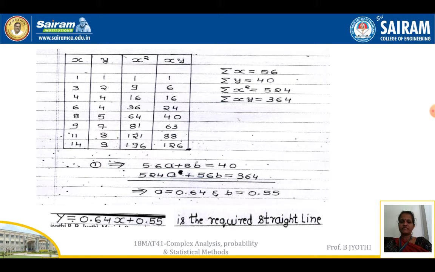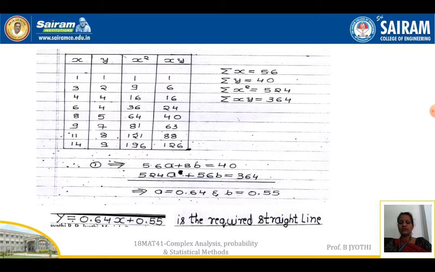We need to have the summation of x, summation of y, summation of x square and summation of xy. When we total, we get summation x is 56, summation y is 40, summation x square is 524 and summation xy is 364.